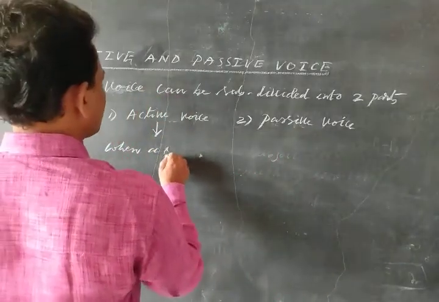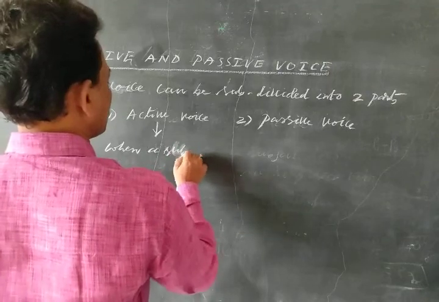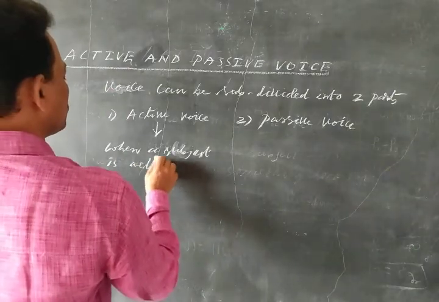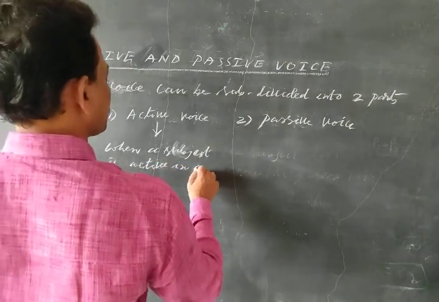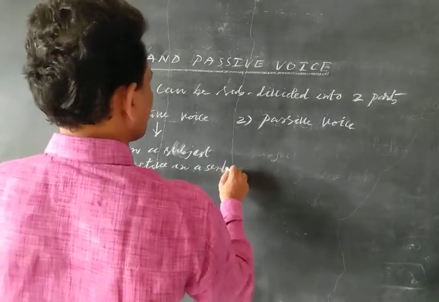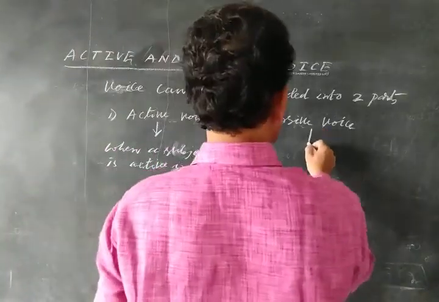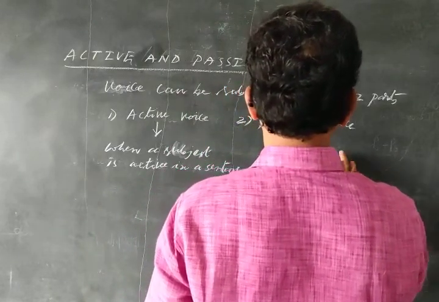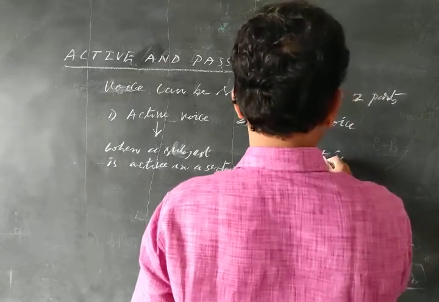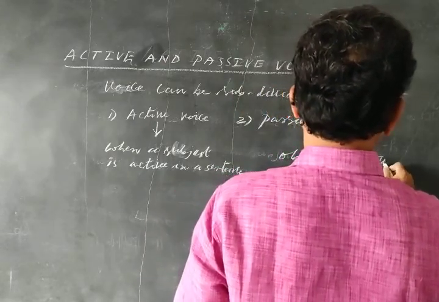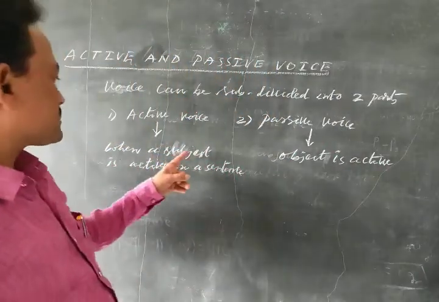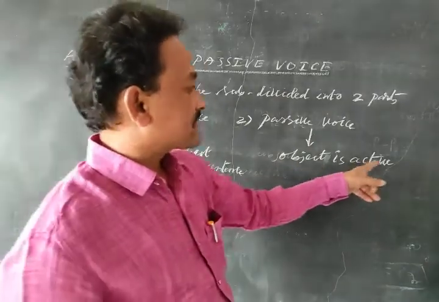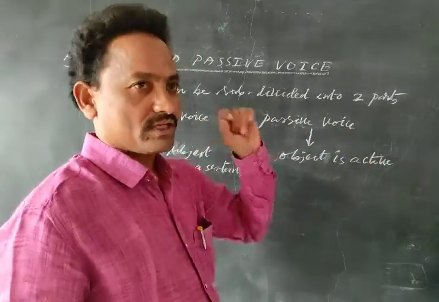When a subject is active in a sentence, it is called active voice. When the object is active in a sentence, it is called passive voice.